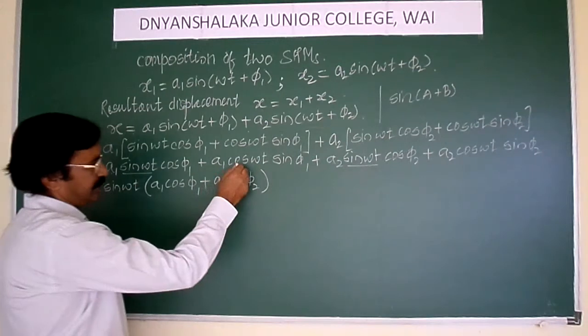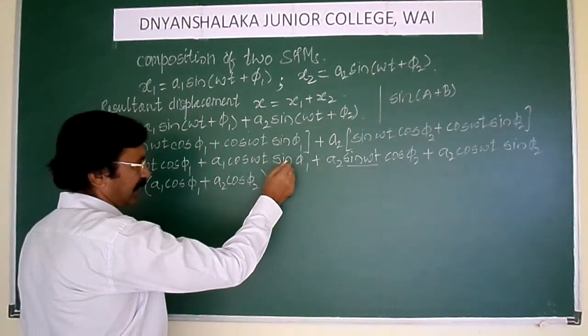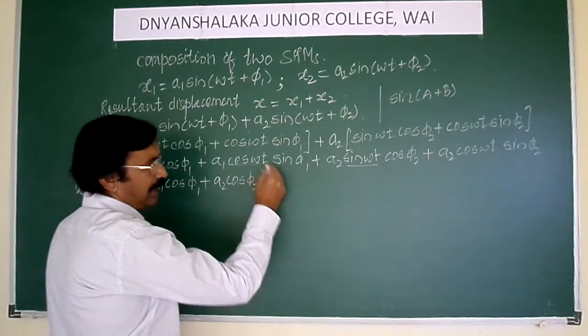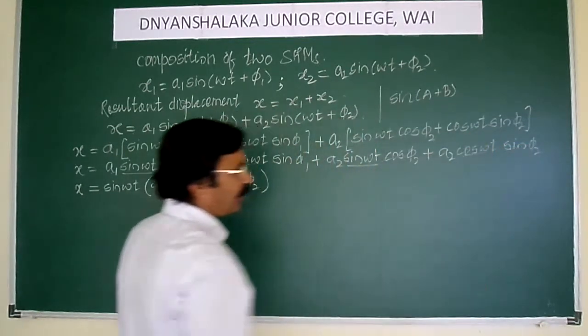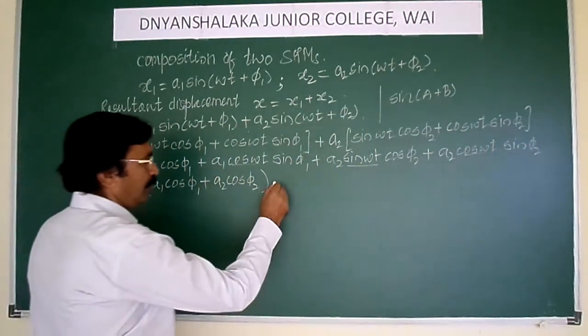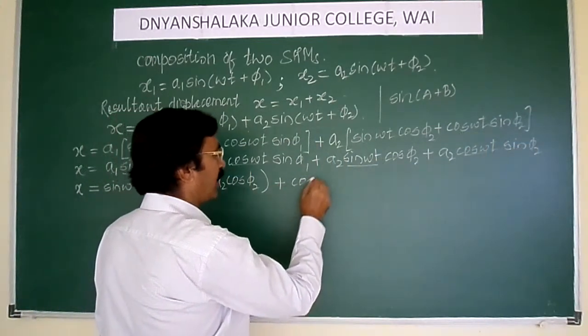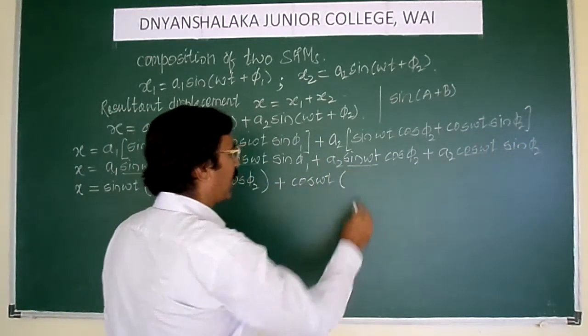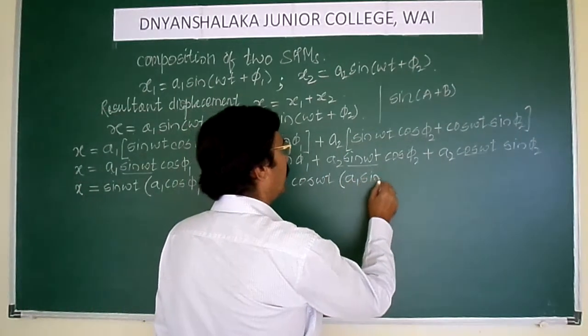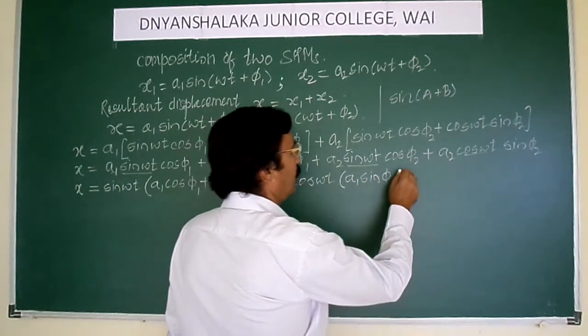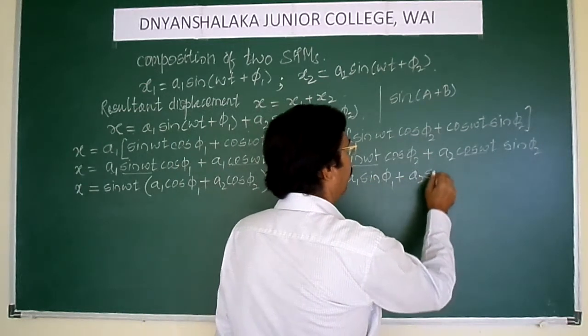From this expression, A1 cos ωt sin φ1 and A2 cos ωt sin φ2, we can take out cos ωt common. So plus cos ωt (A1 sin φ1 + A2 sin φ2).